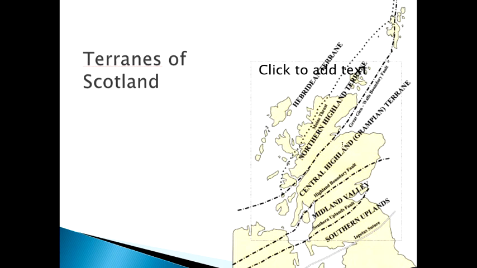So in California, we have pieces of California made in China. In Scotland, we have pieces of Scotland made in North America. Anyway, this is a nice review of plate tectonics. Hope you enjoyed it.